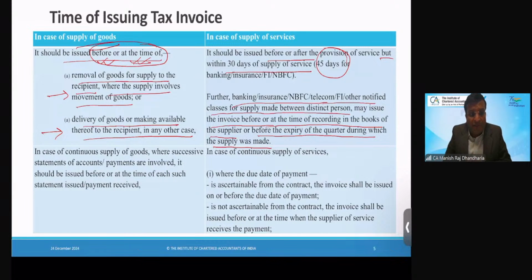ठीक है, I am giving you 1 minute time. एक बार आप इसको रीड कर लीजिए. In case of supply of goods also and in case of supply of services also. Just read at your own pace.